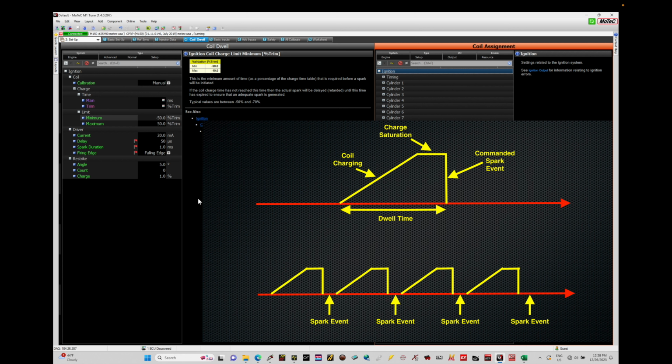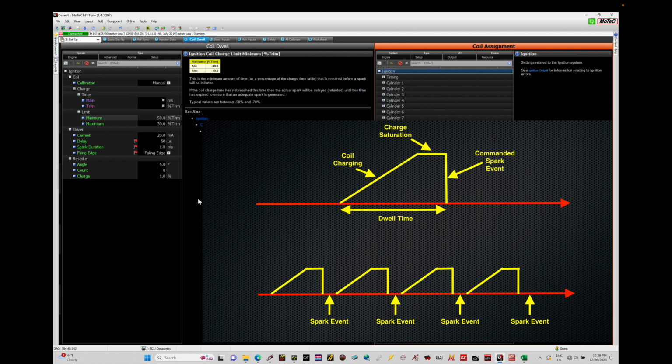And then when we want to fire the spark plug, we release the trigger, which is what's energizing the primary, and that goes through the secondary, which amplifies it and sends the spark out to the spark plug, and we have our combustion event. So that total time between where we start to charge and where we actually discharge is known as our dwell time.